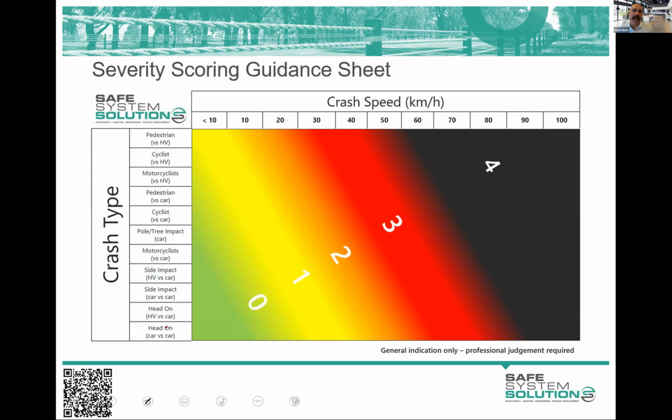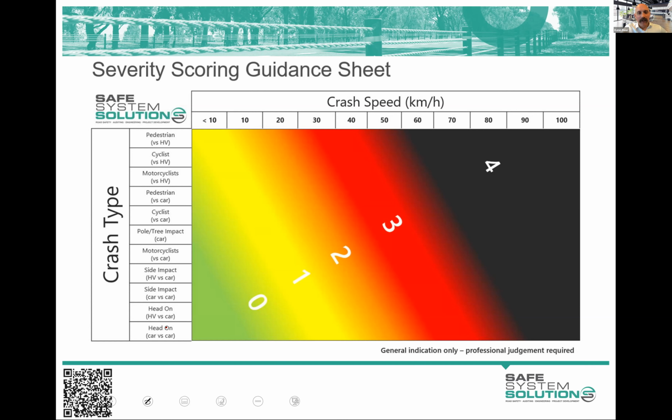Now, in a safe system assessment, you are going to be required to make an assessment of predicted crashes and give them a severity rating. And you actually quantify this. So we've tried to produce this little color chart to help you in how you might go about scoring things.